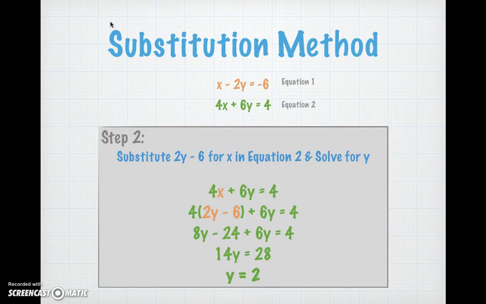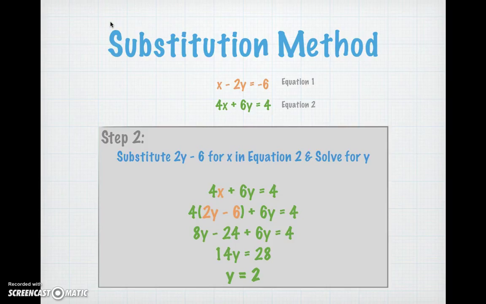If I distribute my 4 into my parentheses, I get 8y minus 24 plus 6y equals 4. And when I simplify and add like terms, I then get 14y equals 28. Now I can solve for my y and I get the number 2.